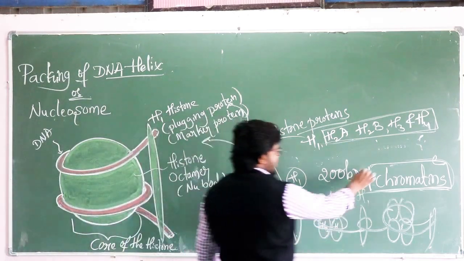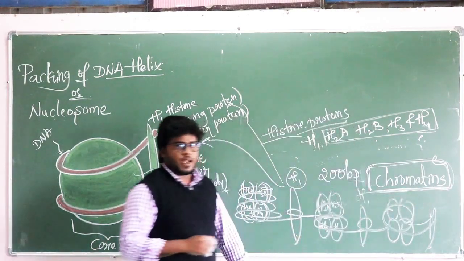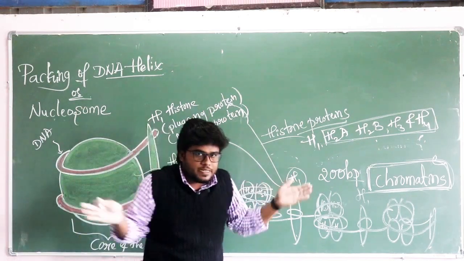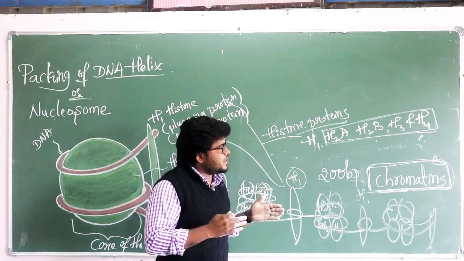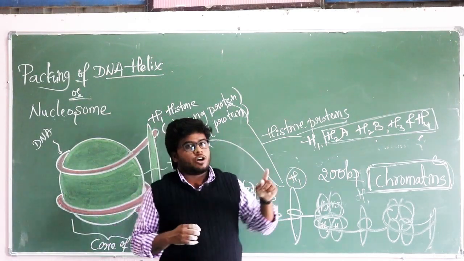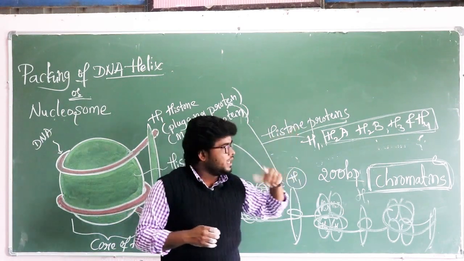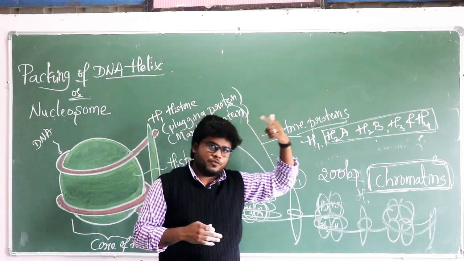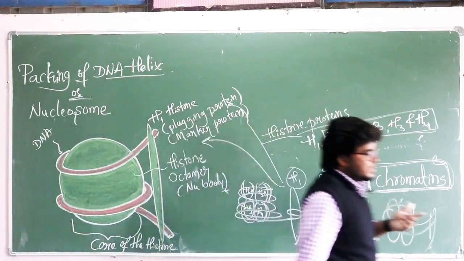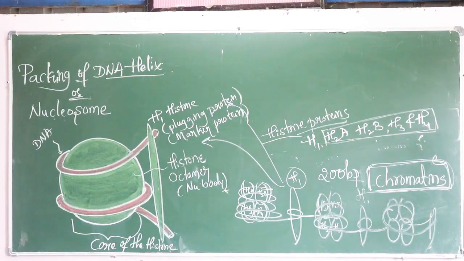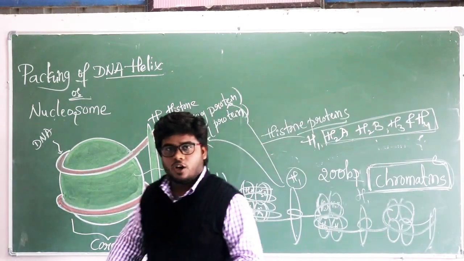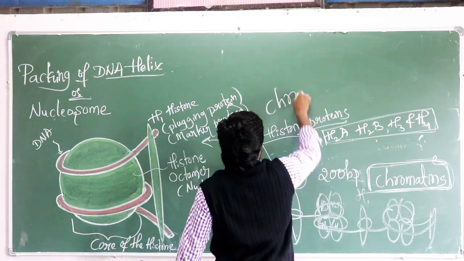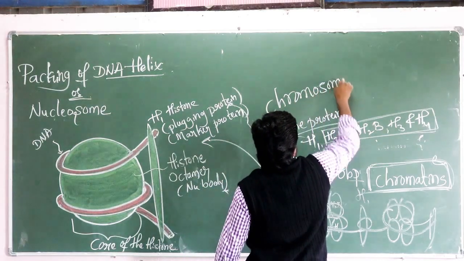What happens to these chromatins next? Chromatin fibers are formed. These chromatin fibers undergo condensation during the mitosis of the cell division. In mitosis, that is in the metaphase stage of the cell division, and hence they form the chromosomes.